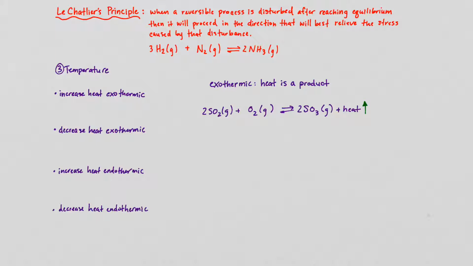And what happens when we increase the concentration of a product at equilibrium? If you guessed it shifts to the left, then you are correct. What's going to happen is more of the reactants are going to form if we increase the heat. All right, so we increase the heat, more reactants form.